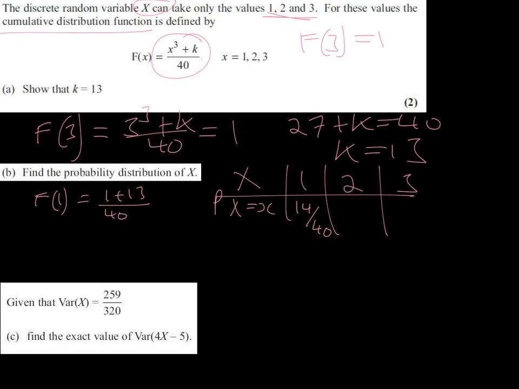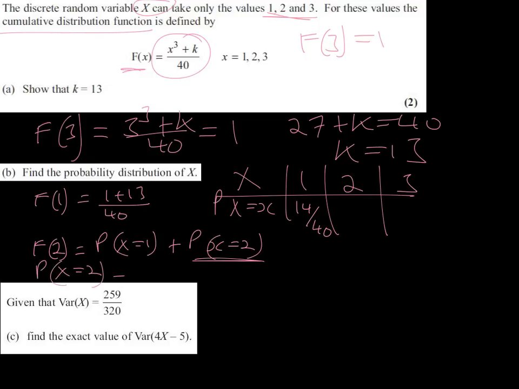Now, it's the second one that's a little bit trickier. If we were to look at f of 2, we are going to recognise, hopefully, that f of 2 represents the probability that x is equal to 1 or the probability that x is equal to 2. So this is what we want to find. So essentially, the probability that x is equal to 2 is going to be equal to f of 2 minus the probability that x is equal to 1.